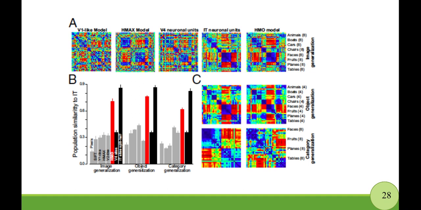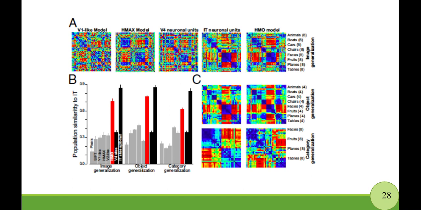Going back to the image that I showed you, these are the average representations of the similarity or dissimilarity matrix. In here we have 64 different image types, in which we have 8 animals here, 8 boats here, 8 cars here, etc. The same arrangement, 8 animals here, 8 boats here, and we can compare them one by one.